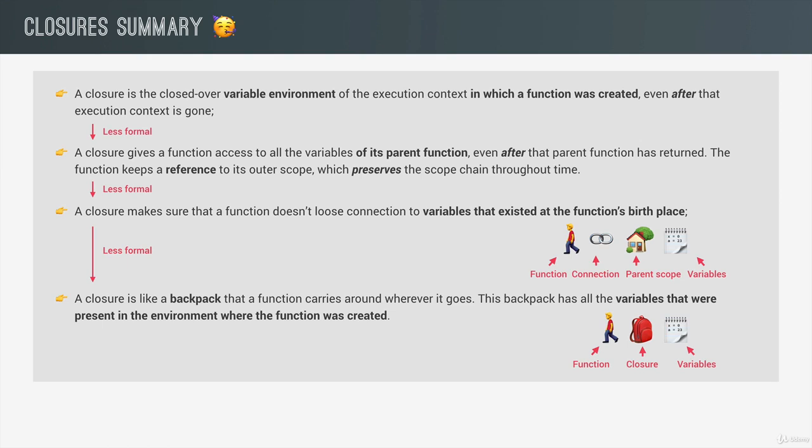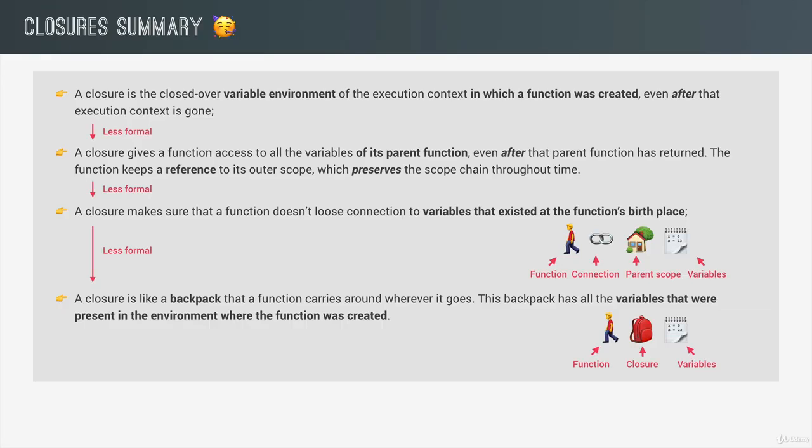Then, whenever a variable can't be found in the function scope, JavaScript will look into the backpack and take the missing variable from there. So kind of similar to the other definitions, but maybe a little bit more visual. So these are some different ways of defining closure, but they all mean the same thing. So they all represent the same idea.